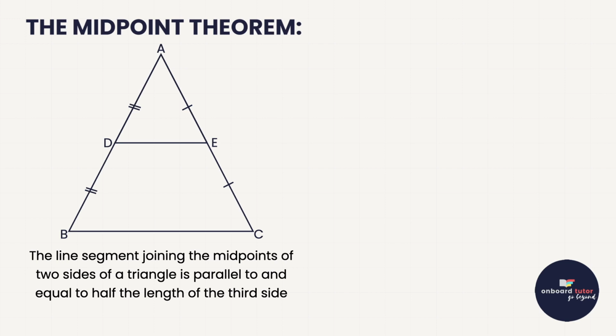So basically, because this length here is equal to this length, and because this length here is equal to this length, we can then deduce that this and this side here, these are parallel, and this one is half as long as this one. Okay, so it's a special version of the proportion theorem because essentially parallel lines divide the sides in proportion, but the proportion now is 1 to 1.